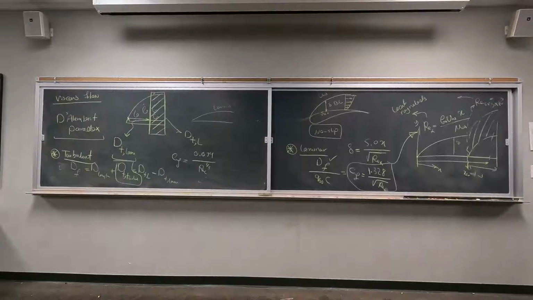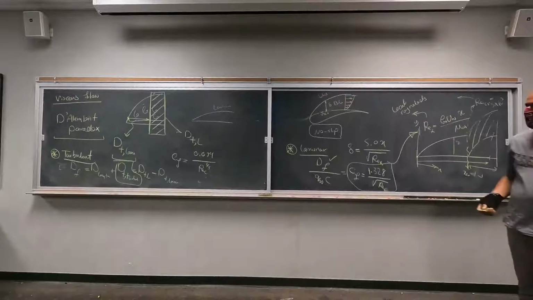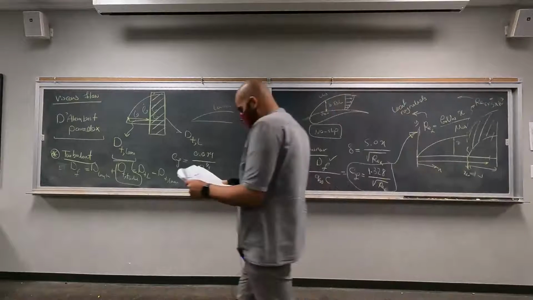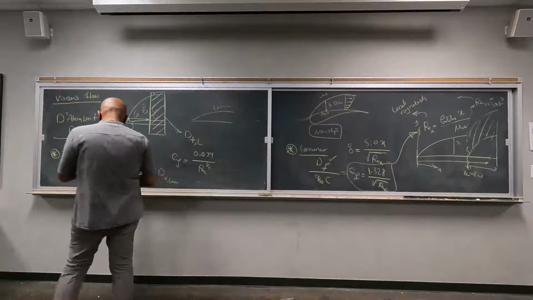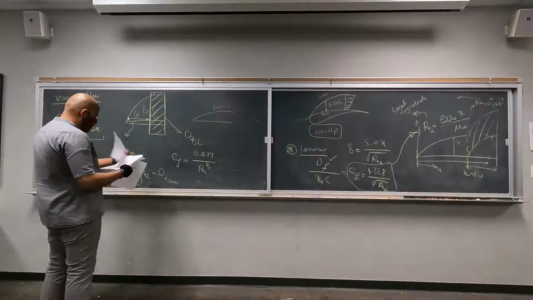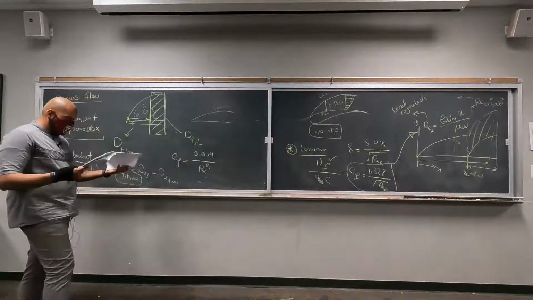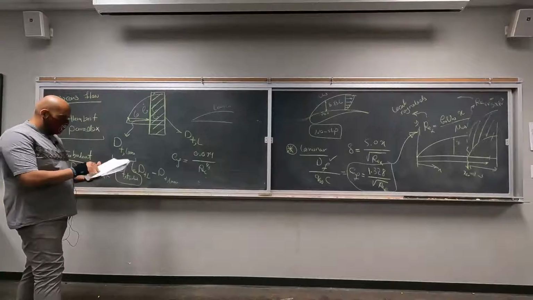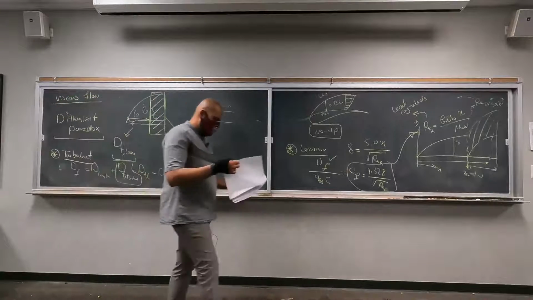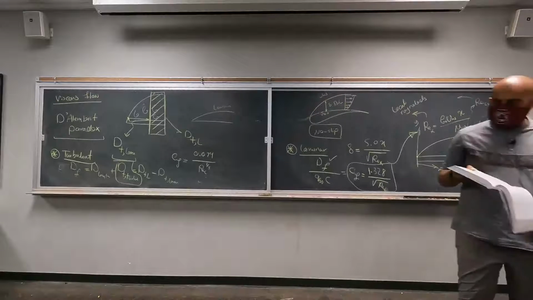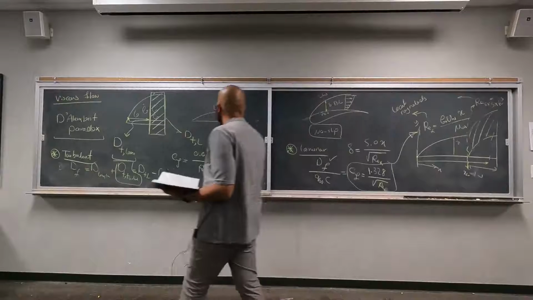One thing that I forgot to mention is how we calculate the location of the aerodynamic center. The location of the aerodynamic center is calculated using this formula. I'm just going to give you the formula, and hopefully you will remember this. I always forget it for whatever reason.